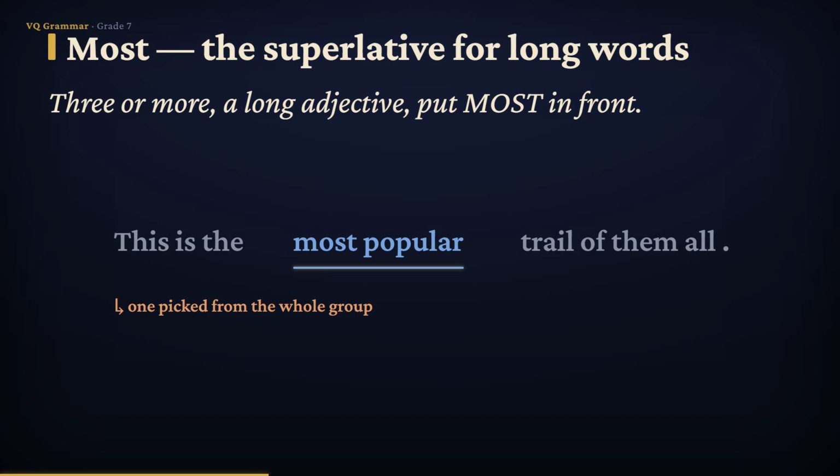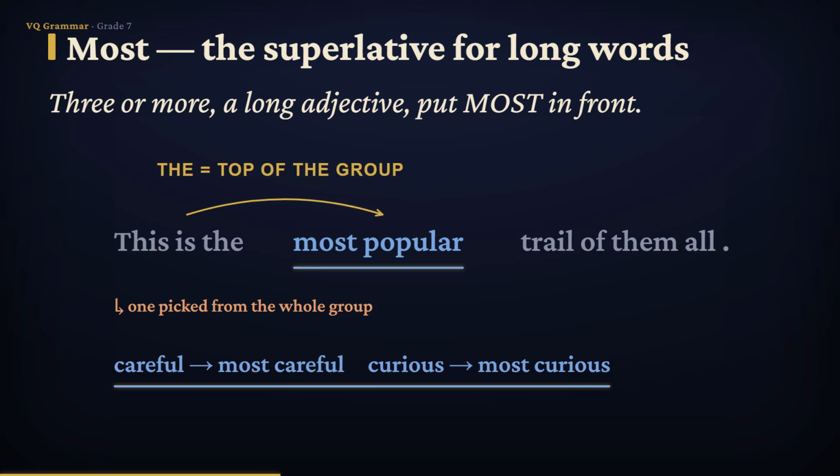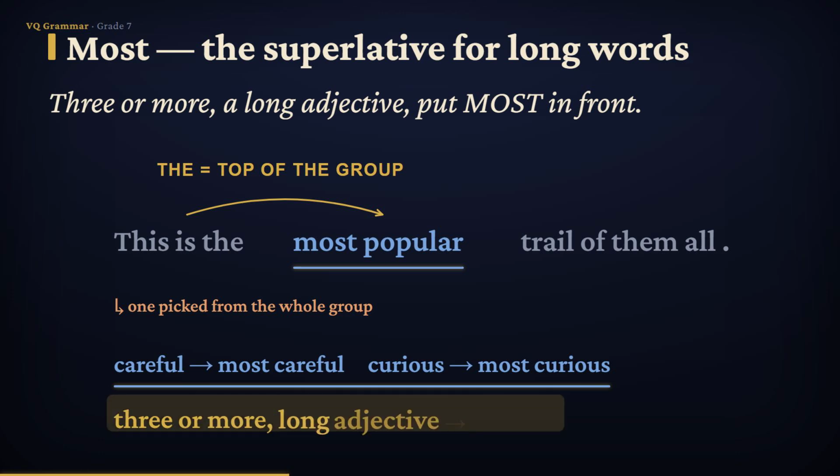The pattern holds for the rest. Careful becomes most careful. Curious becomes most curious. And you'll usually spot the little word the nearby, pointing to the one at the very top of the group. Three or more plus a long adjective equals most.